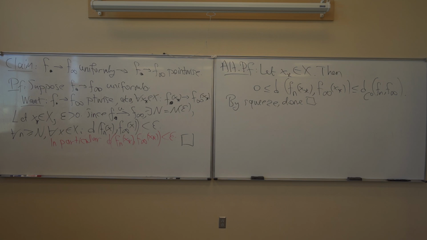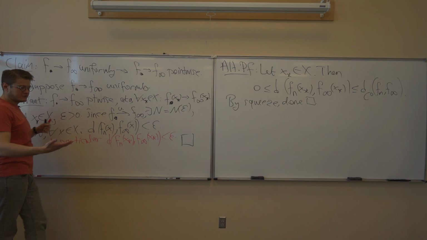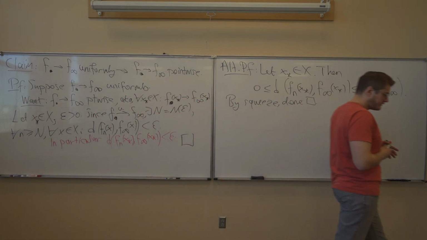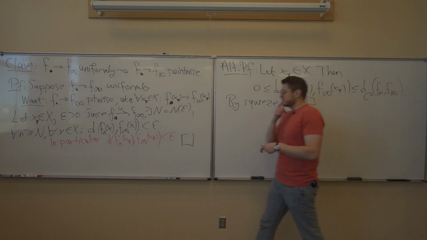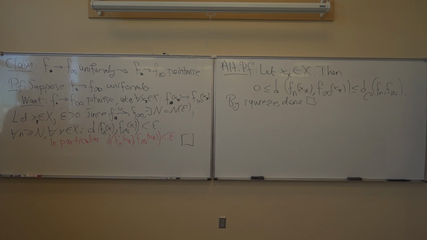I should also mention that f bullet converging to f infinity uniformly literally means convergence relative to a metric. By one of the exercises I had given you a while ago, we know that limits in any metric space are unique, which means that a sequence of functions cannot converge to multiple functions uniformly. If it converges, there's a unique limit, and so on.